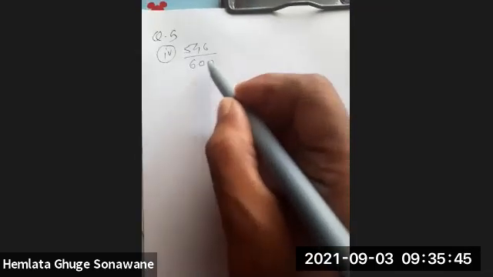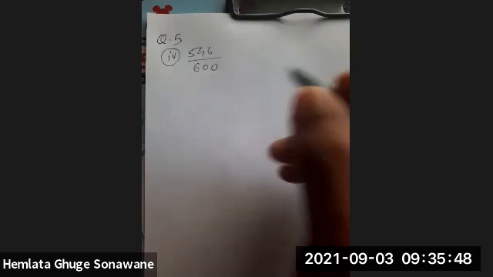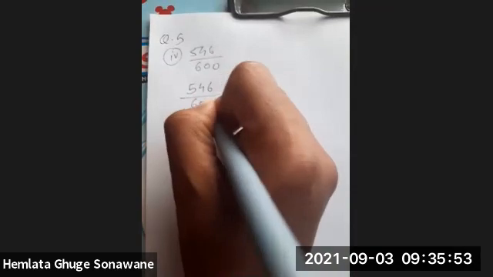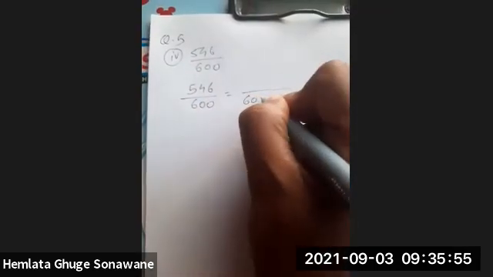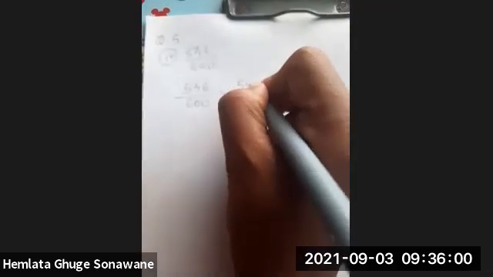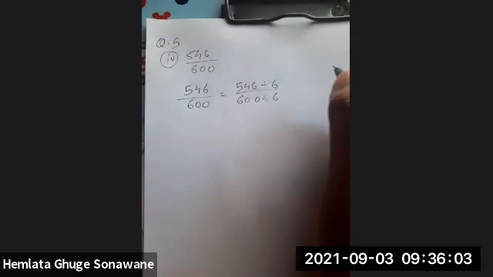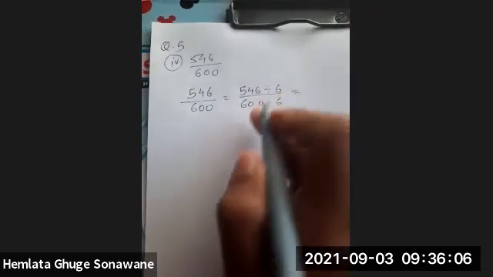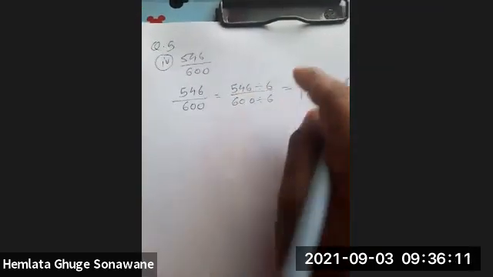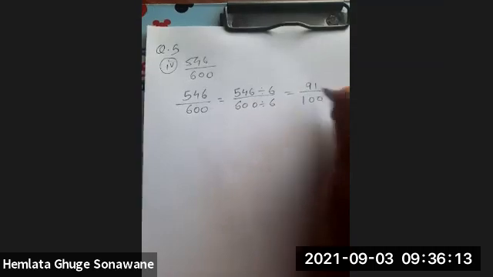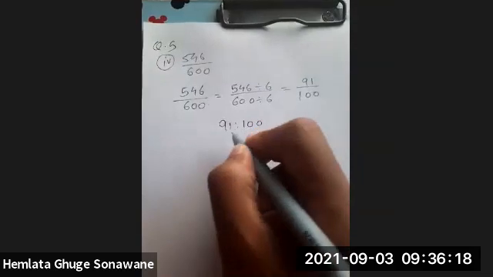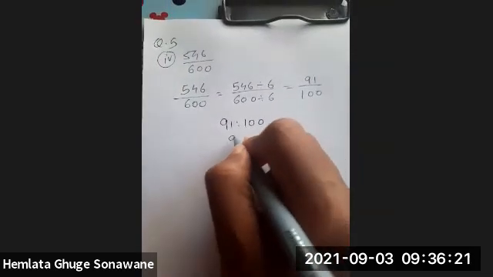If we divide 600 by 6, then we'll get 100. So we'll divide 546 with 6 as well. So this becomes 100, and if we divide 546 with 6, we'll get 91. That is 91 as to 100, or we'll write 91%.